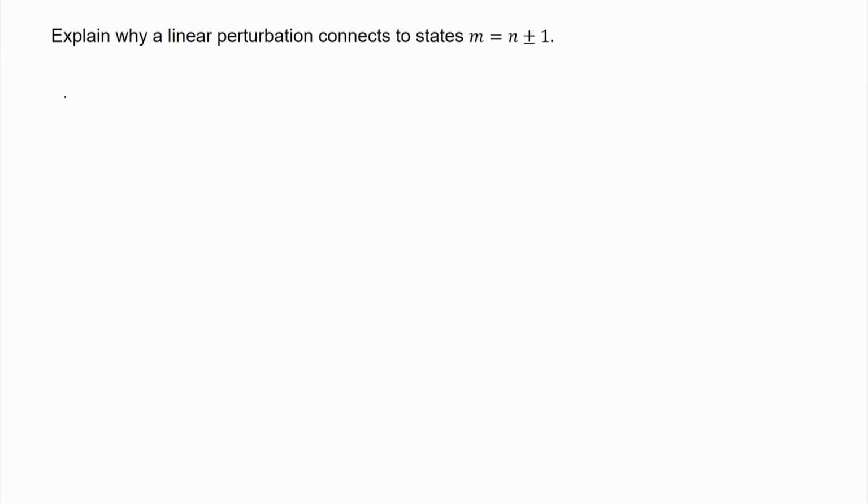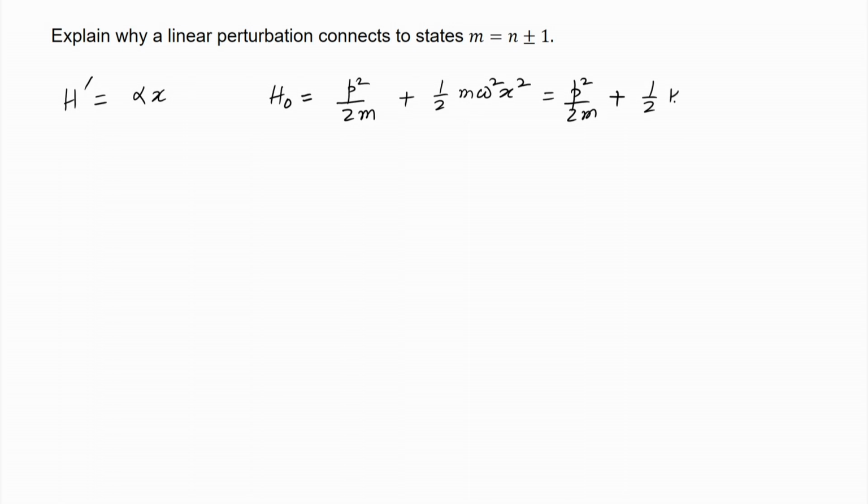may look quite simple, and it actually has exact solutions. If you think of a perturbation of this kind, alpha x, then for a harmonic oscillator which has H0 equal to p square over 2m plus half m omega square x square, which can also be written as p square over 2m plus half k x square.